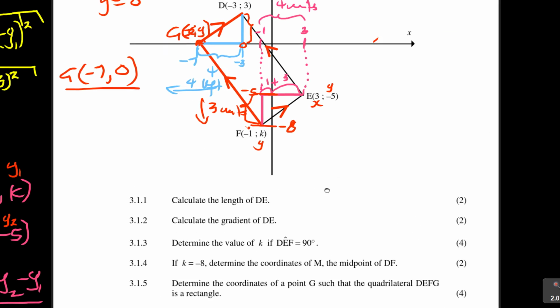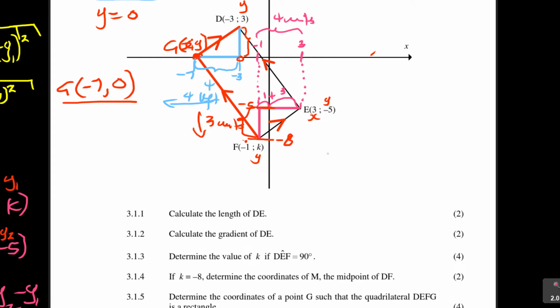Now the question is, determine the coordinates. How do you do your working? You can simply do this for the x coordinate. I'll show the calculations just to verify.